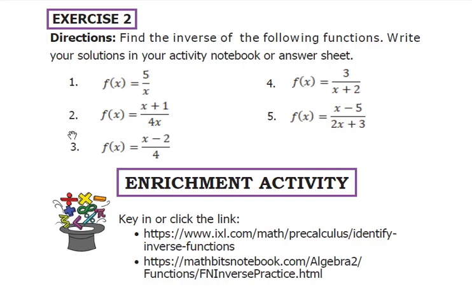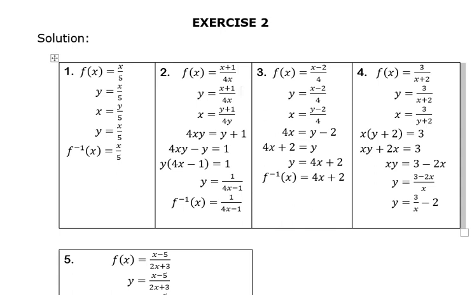Next, number 2, f of x equals x plus 1 all over 4x. For the solution, we write y equals x plus 1 all over 4x. Then interchange, that becomes x equals y plus 1 all over 4y. Then solving for y, cross multiplying, we have 4xy equals y plus 1.